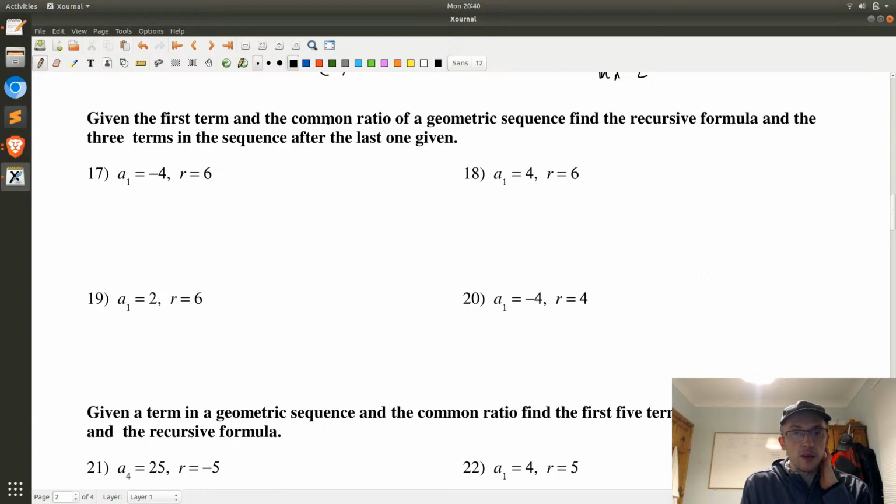Given the first term and the common ratio of a geometric sequence, find the recursive formula and the 3 terms in the sequence after the last one given.